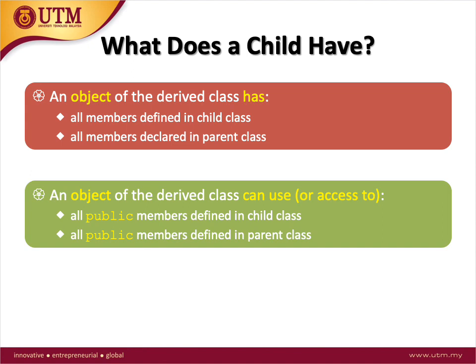So it can access only public members in the parent class and public members in the child class. That is the basic or general thing that you have to understand. After this, we will move to class access, how the child can access the members of the parents and so on.